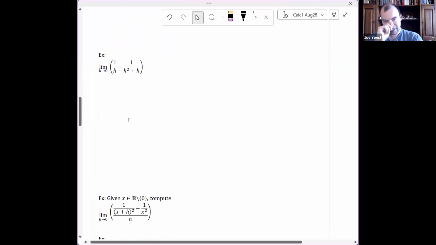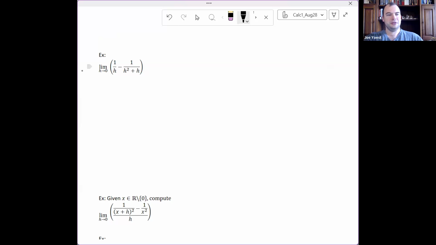Okay, we're going to look at another problem here. Here we have limit h goes to 0 of 1 over h minus 1 over h squared plus h. I do have two rational expressions here, a difference of two rational expressions. I might think of this as limit h goes to 0 of 1 over h minus limit h goes to 0 of 1 over h squared plus h.